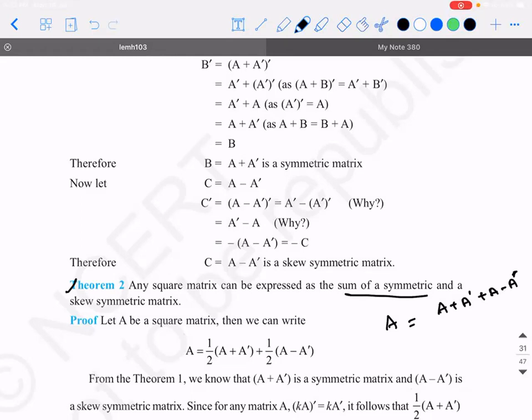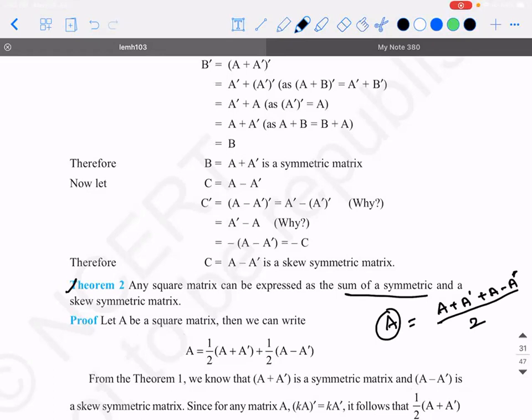Right? So that A transpose gets cancelled. Correct? But what will I be left with? If I add everything, the left hand side is A, but the right hand side will be 2A. So I need to compensate it with a 2.